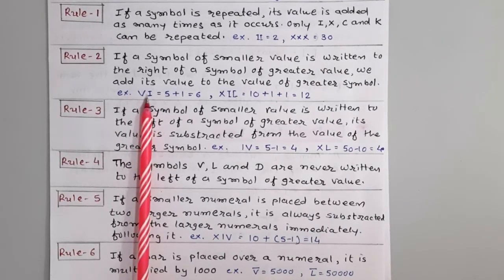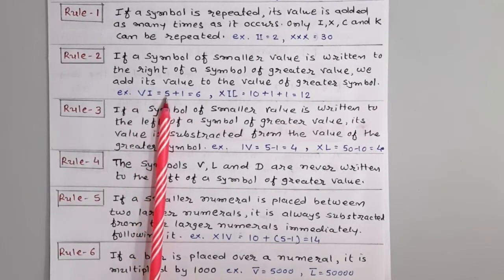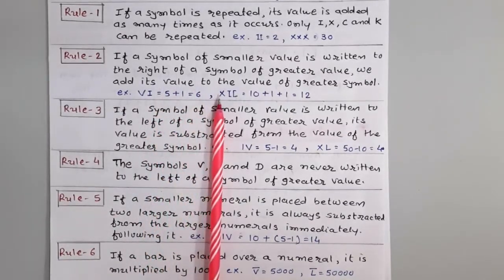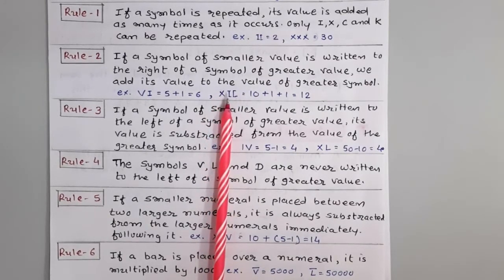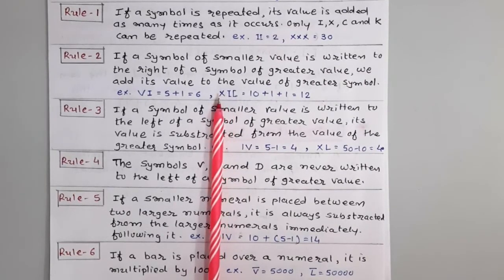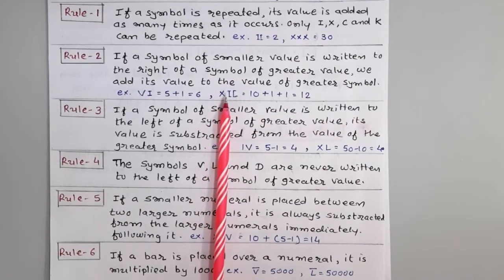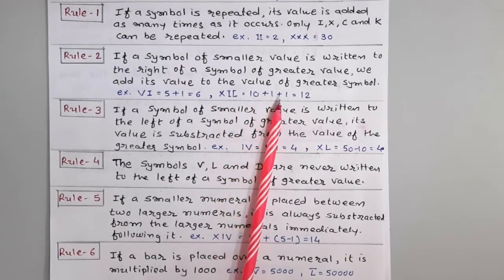So I is placed on the right side of V, so we have to add both. 5 plus 1 is equal to 6. See carefully, XII: the value of X is equal to 10 and the value of I is equal to 1, so the value of I is less than X, so XII means 10 plus 1 plus 1, which is equal to 12.